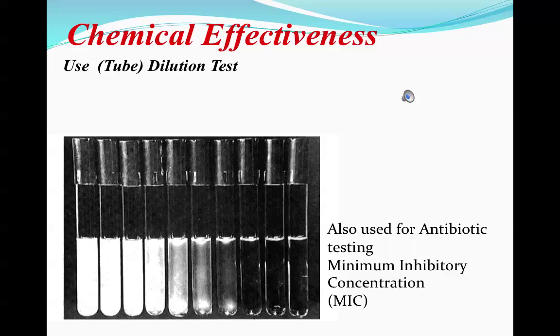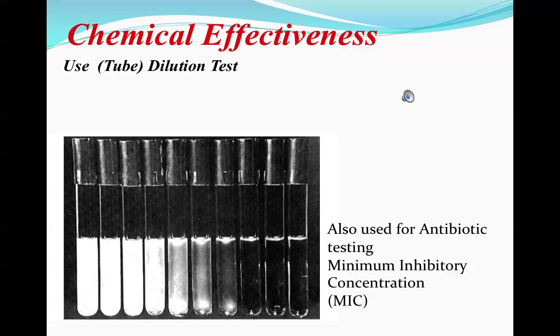The test tube with the most concentrated amount of antimicrobial, antiseptic, or disinfectant is on the far right, where we see absolutely no growth of bacteria in that test tube. As we move from right to left, notice that the test tubes become more and more cloudy, so that the test tube on the far left has the least amount of chemical, disinfectant, or antiseptic, and so we have the most growth.